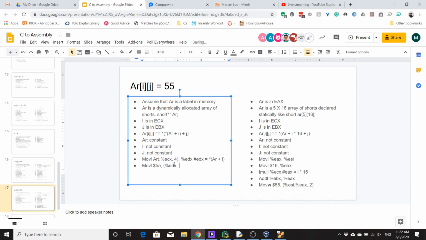Percent EDX. The J is the percent EBX. And then our scale is 2. And our instruction should be movw because of shorts, right? Because at this point, when we dereference it, we're moving past an array of shorts, and each short is 2 bytes big. Any questions?